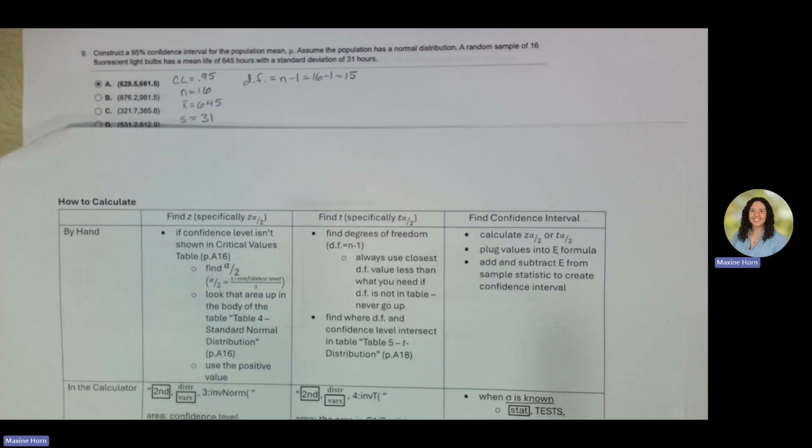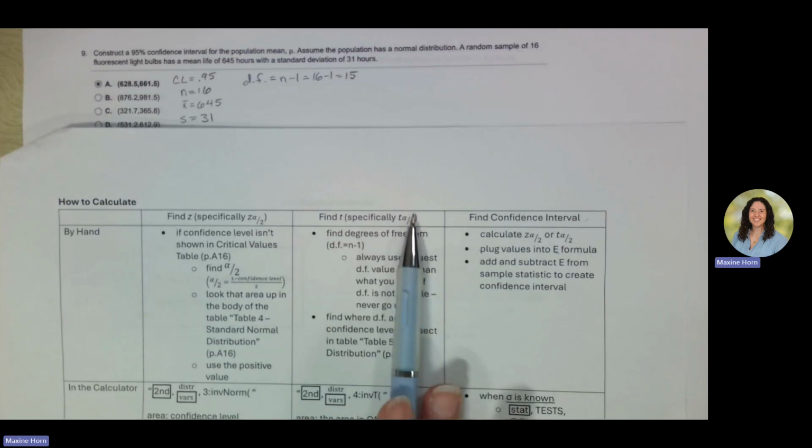Never go up, always go down if they don't have exactly the degree of freedom that you need. You're going to find where that degree of freedom and that level of confidence intersect in the table. Because remember, your t alpha halves or your z alpha halves is always based on your confidence level.